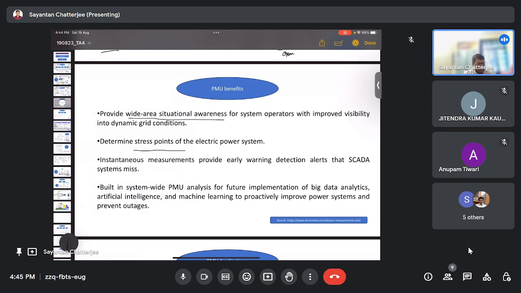PMUs also have the facility of measuring voltage magnitude, phase angle, frequency and rate of change of frequency, and also the real and imaginary parts of the line currents.